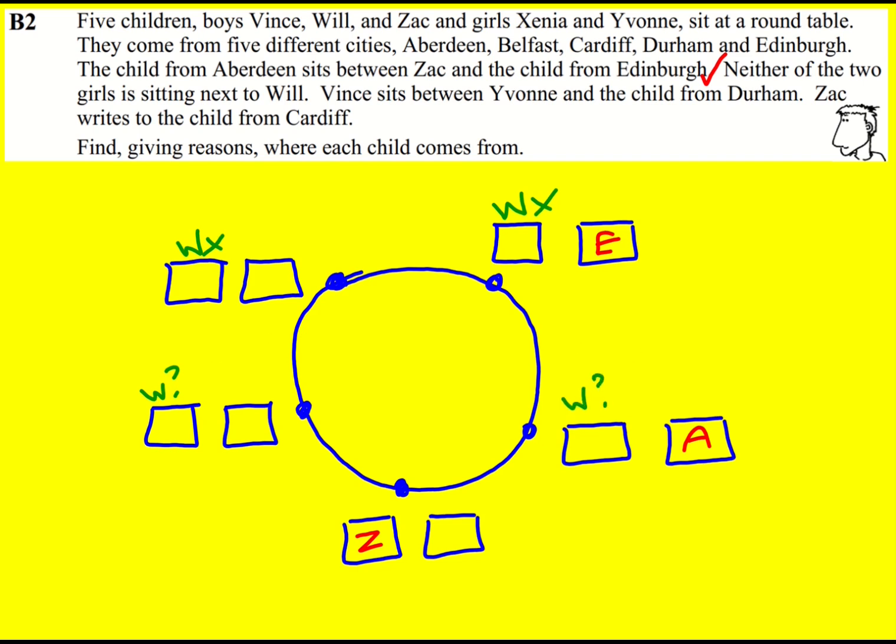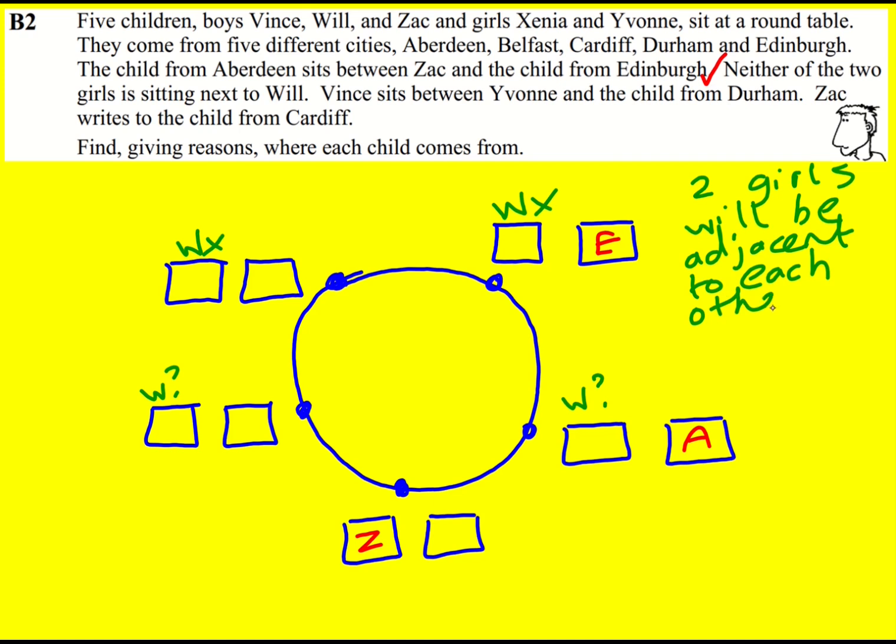And another consequence from this is that the 2 girls will be adjacent to each other. And Vince must be next to Will, to avoid Will sitting next to a girl.